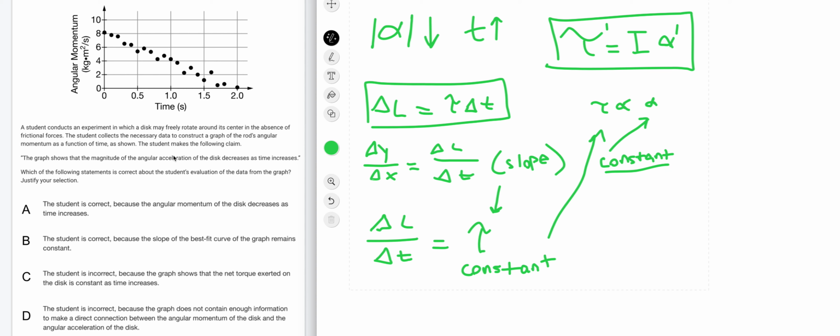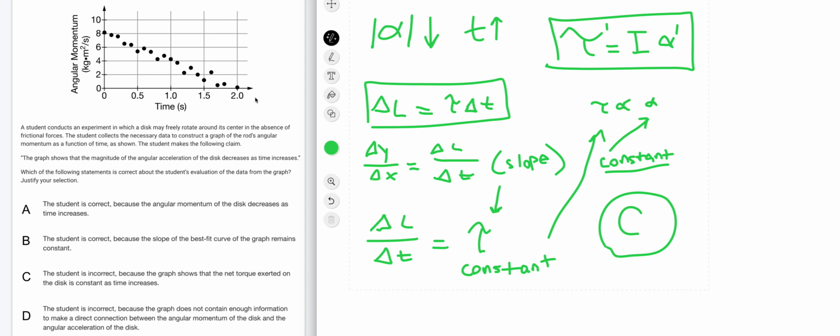So we know that the student is going to be incorrect because they're saying that it decreases when really it remains constant. So with that said, A and B are out. C looks like a great answer. D is incorrect. The graph does not contain enough information. Obviously it contains enough information. We just found it. So C is going to be your correct answer. That's because we used the angular momentum equation, changed it to find the slope.